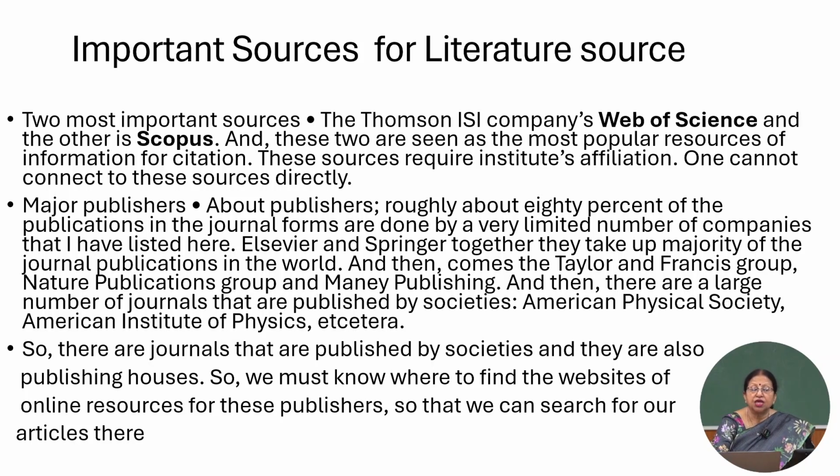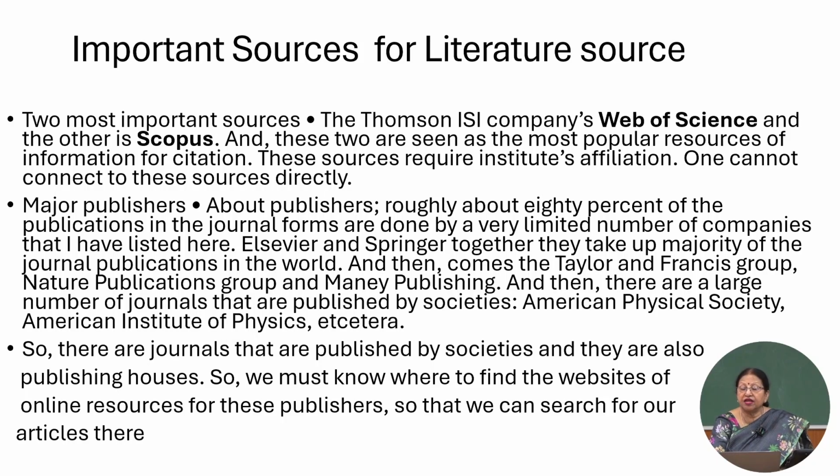Major publishers: roughly 80% of the publications in journal form are done by a very limited number of companies that I have listed here. It could be Elsevier, Springer, together. They take up the majority of the journal publication in the world.